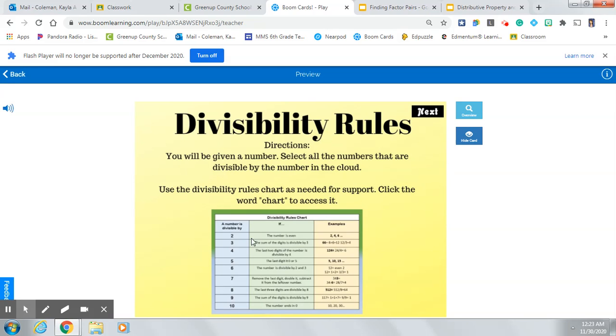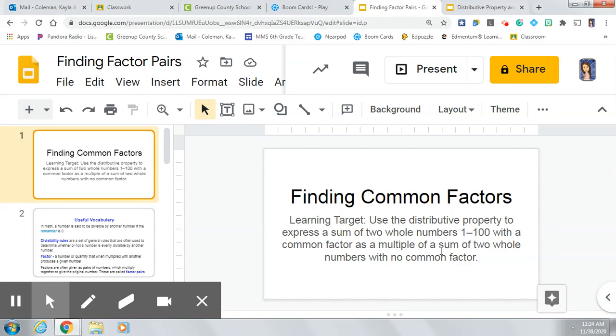There are rules here for checking for divisibility to see if you can divide a number by 2. Can you divide a number by 3? Can you divide it by 4? You can read these rules on your own screen. Or if you already know your multiplication tables really well, you may not need this. Our learning target specifically states that you're not going to have a number over 100.